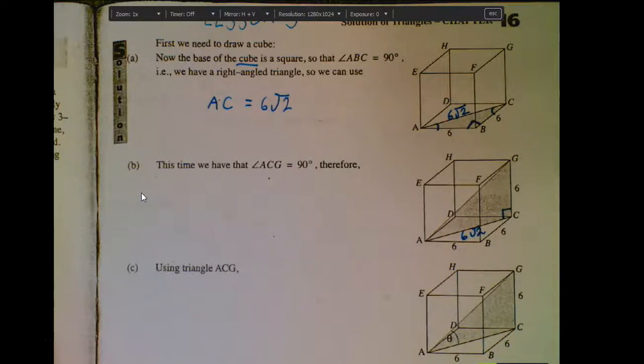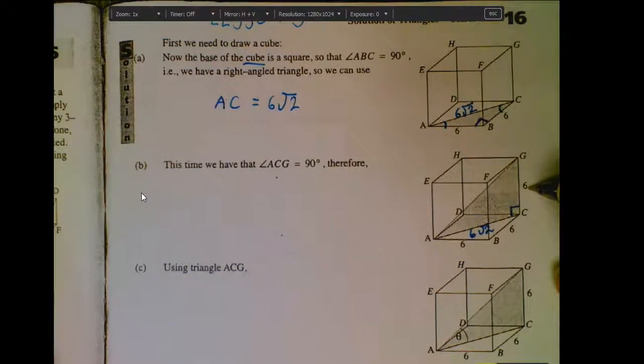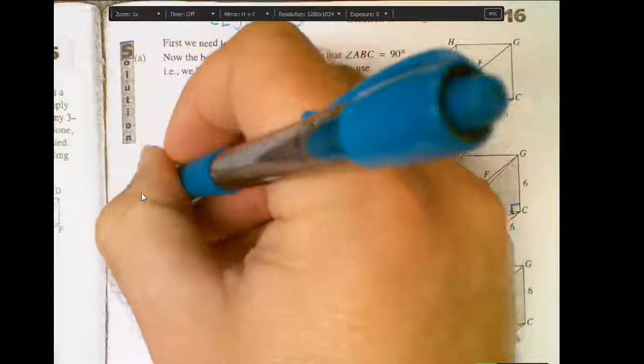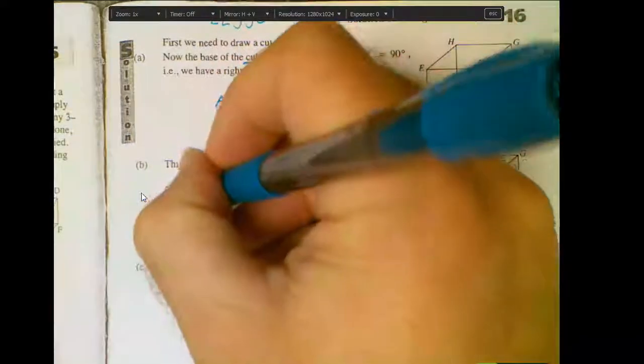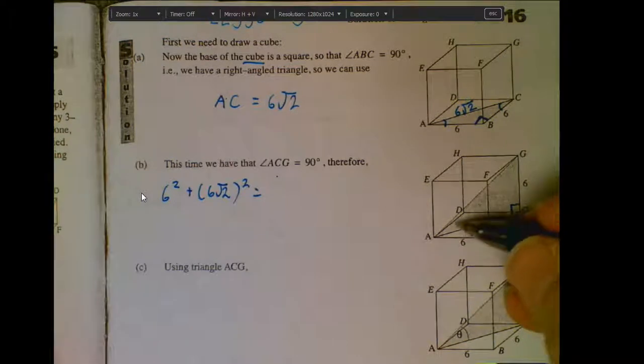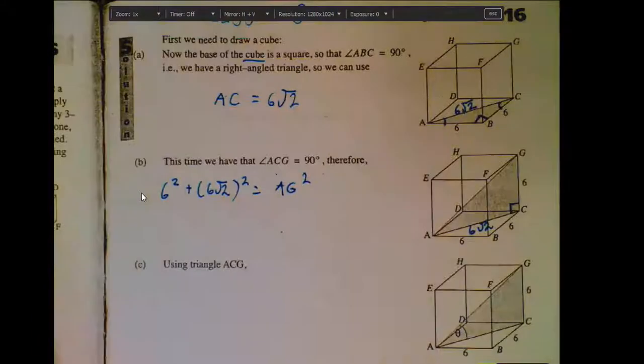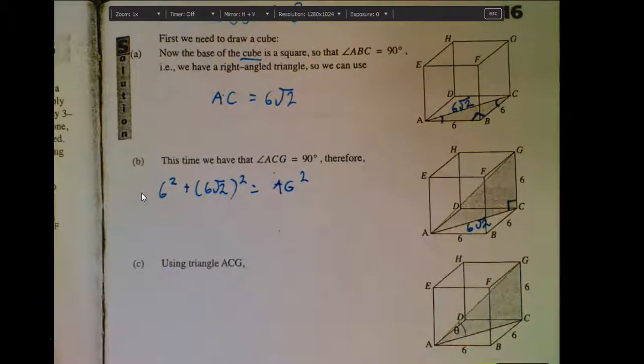That's something we're going to have to visually find on our own. So with the Pythagorean theorem, we can do 6 squared plus 6 radical 2 squared is equal to AG squared.